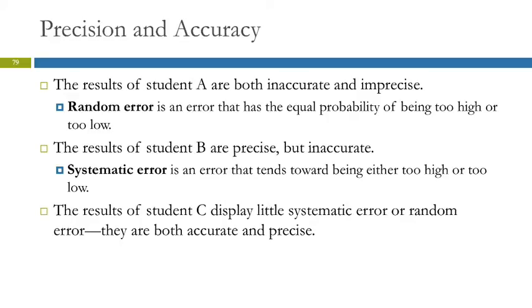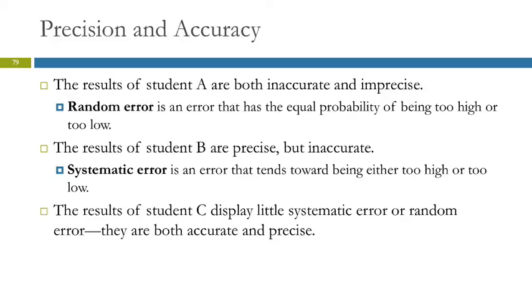So what causes things to be inaccurate or imprecise? There are two kinds of error: random error and systematic error. Random error has an equal probability of being too high or too low. There's not a lot you can do about random error in many situations. It's just there.